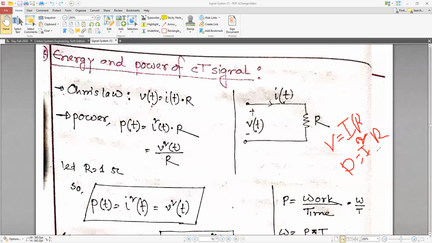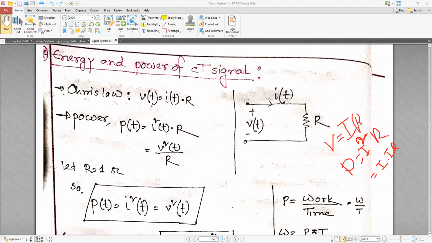Here you do one thing. I square R we can write as I into IR.